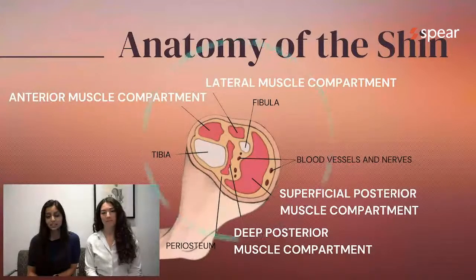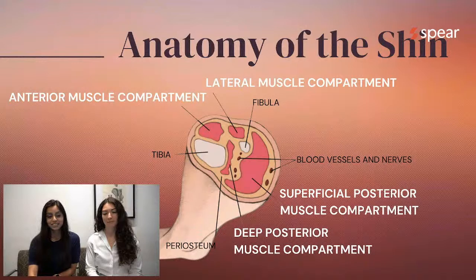All of the surrounding tissues in the lower leg work together so that we're able to move and groove as we please. As you can see in the photo, there are two bones in the lower leg, the tibia and the fibula. Both bones are surrounded by periosteum, which is a thin membrane layer. Along with this, there are various ligaments and muscles that originate and insert onto the bone. So realistically, the bones in our lower legs carry a lot of weight, and it's important to keep them extremely healthy.